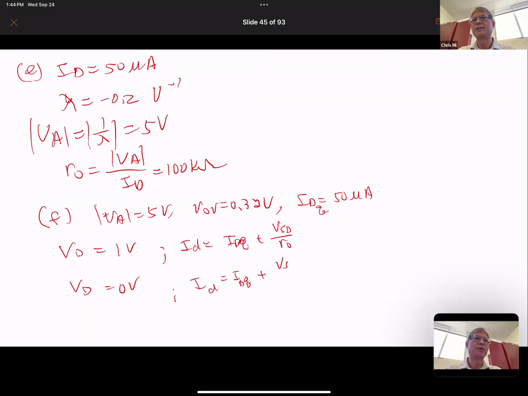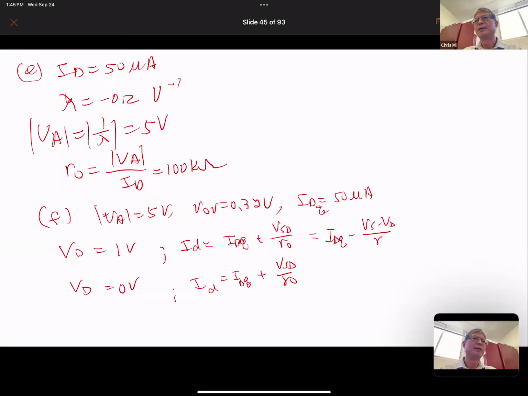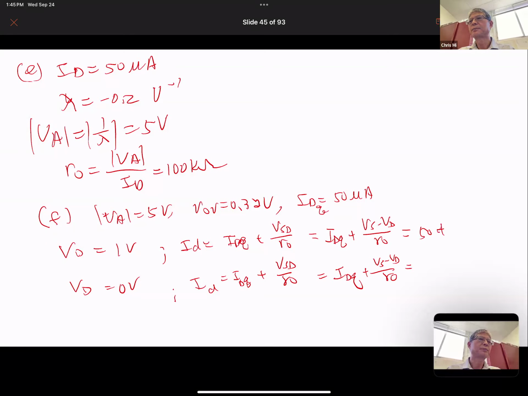VSD is VS minus VD, right? VS is given at 1.8.